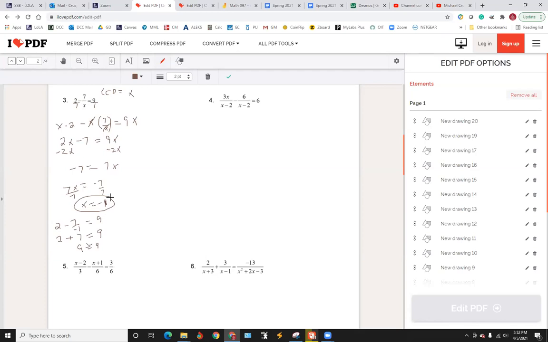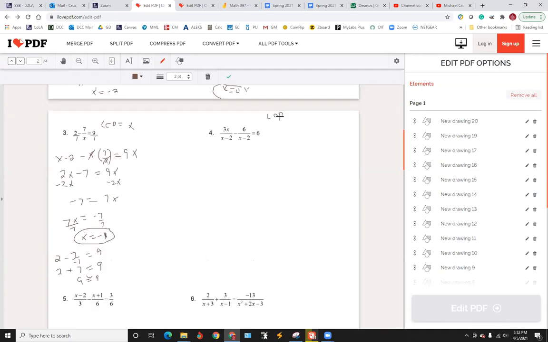Now, look at number 4, and what is the LCD there? This is the first one we've seen that's got an x minus 2. It's going to be x minus 2. Exactly, it's x minus 2. All right, but both of them are the same there, and then this is over 1. So when we multiply everything by x minus 2.